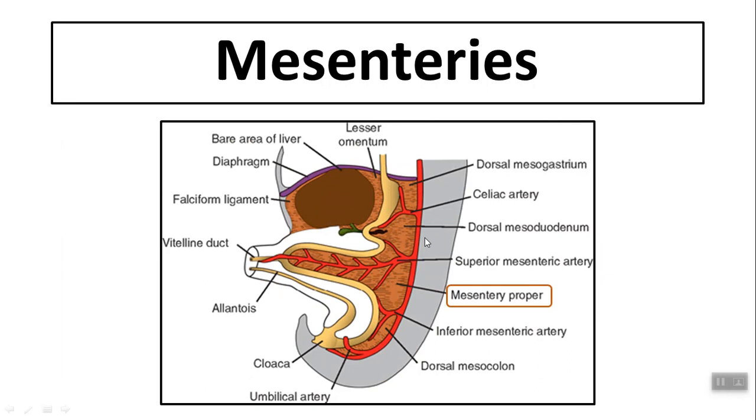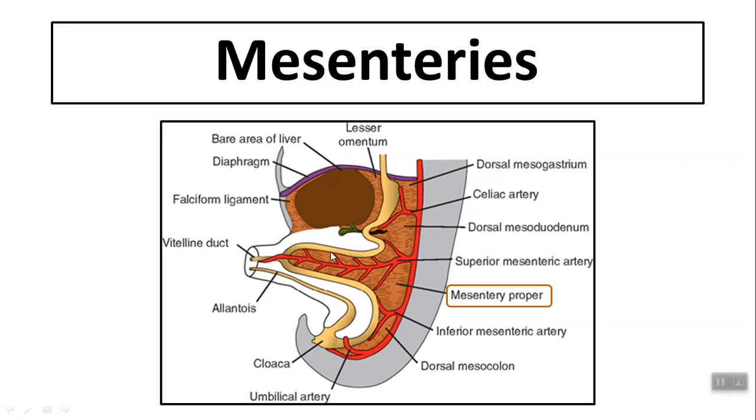This diagram shows the embryonic origin of the mesentery, where we have what we call the dorsal mesentery and the ventral mesentery. In the dorsal mesentery, we can see that the blood vessels of the GI tract pass through this mesentery from the abdominal aorta.